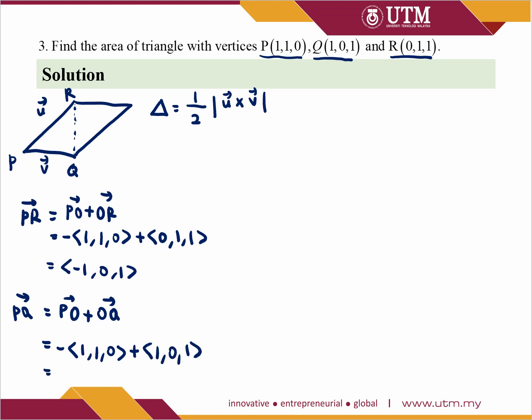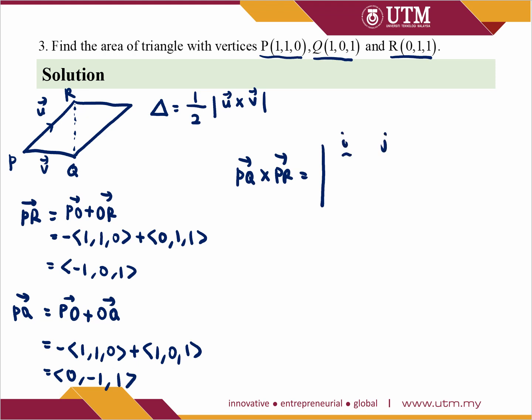Now negative 1 plus 1 is 0. Negative 1 plus 0 is negative 1, and 0 plus 1 is 1. Okay, so now we have the vectors PQ and PR. Now we can find the cross product of PQ cross PR.